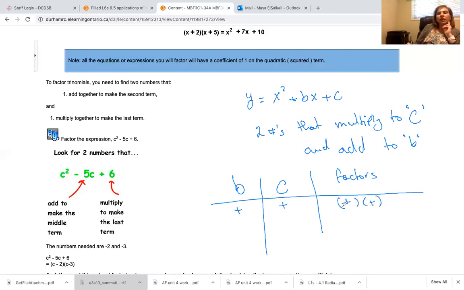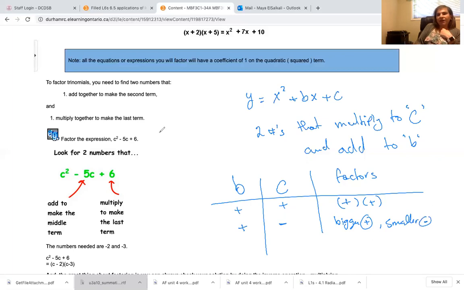Okay? Now, if b is positive and c is negative, so you're looking for two numbers that multiply to a negative number, but then they add to a positive number. In this case, the bigger number is positive, and the smaller number, the smaller factor, is negative.